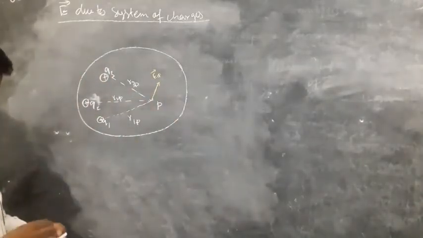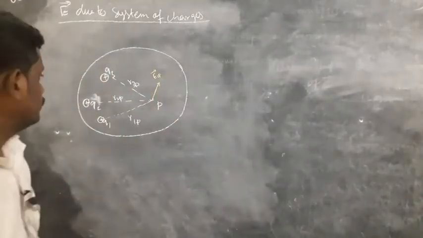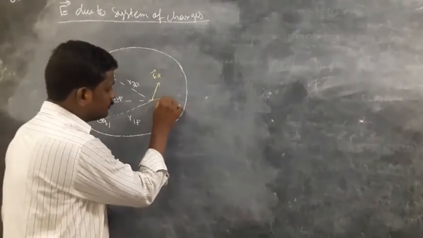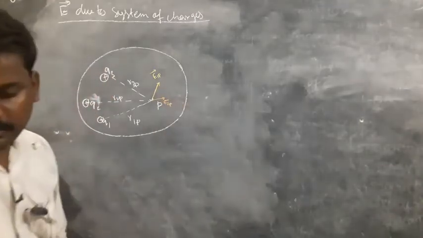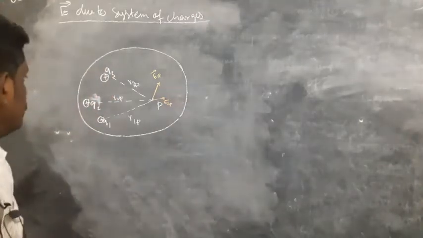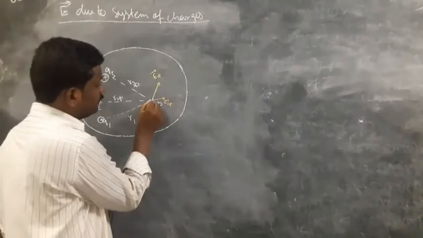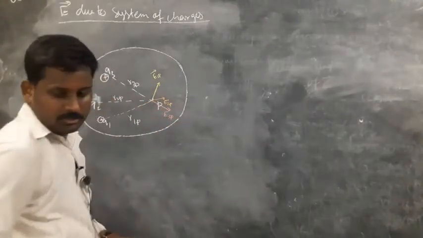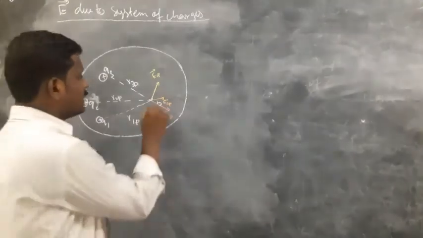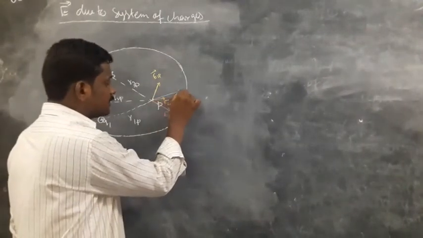The electric field due to Q2 is in this direction, that is E2P. The electric field due to Q3 is in this direction, that is E3P. The resultant electric field acts along this direction.